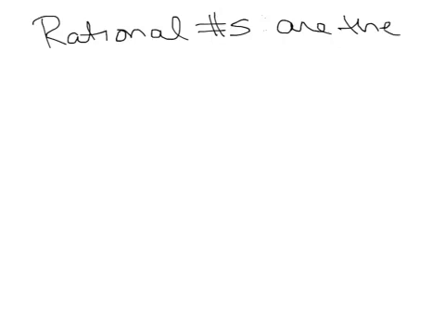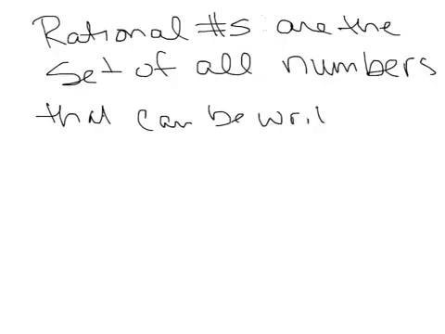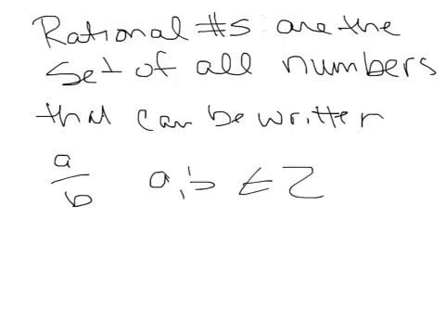So if you think about rational numbers, in the sets of numbers, rational numbers are the set of all numbers that can be written as A over B, where A and B are integers and B cannot equal 0.